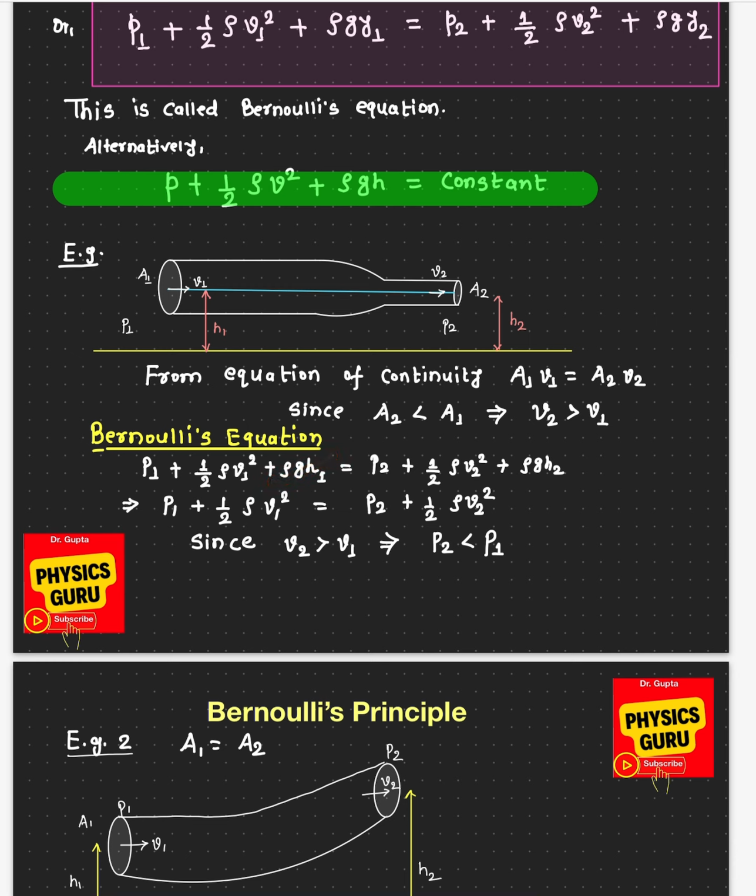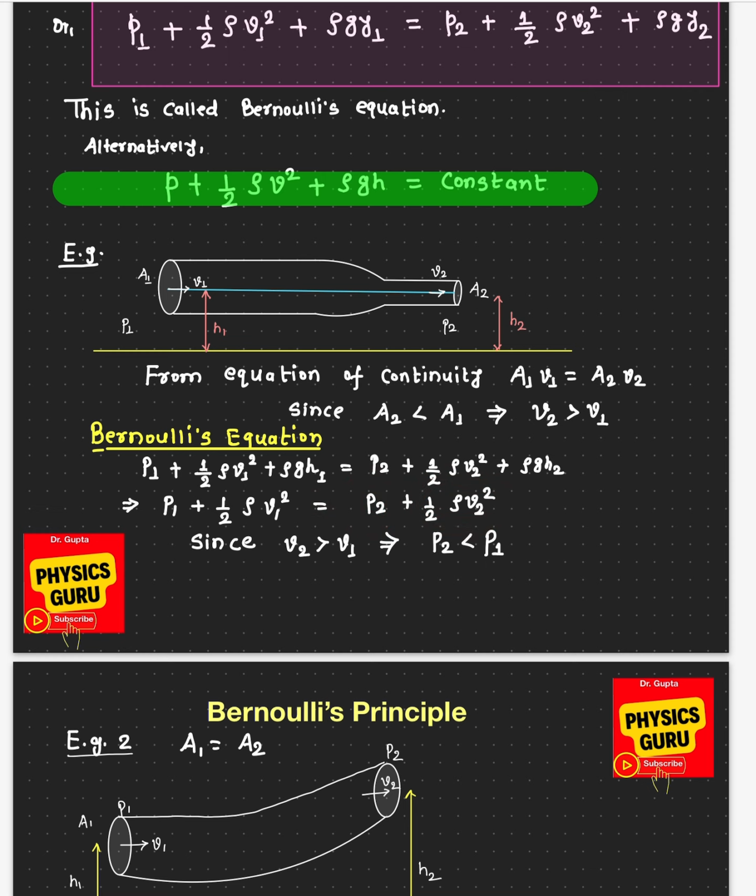Okay, so we have already found out that the velocity at this point is greater. V2 is greater. If V2 is greater, that means P2 must be smaller. That's what we get here, because if this term is greater, then this term must be smaller to balance each other.